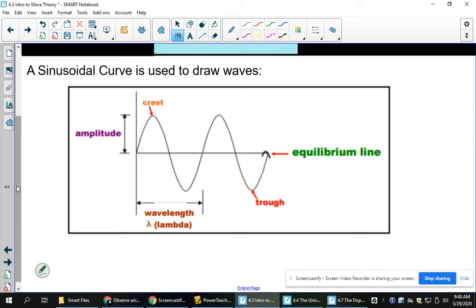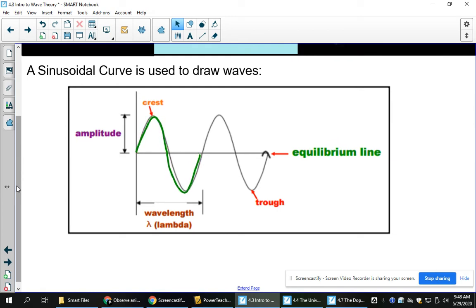And what happens is the wave goes up, it goes down, it comes back to equilibrium. The green line that I've just drawn is one wave. If I was to pick that wave or wavelength up and move it over, it literally makes the pattern go again and again and again. Okay, that's what we see happening with waves.